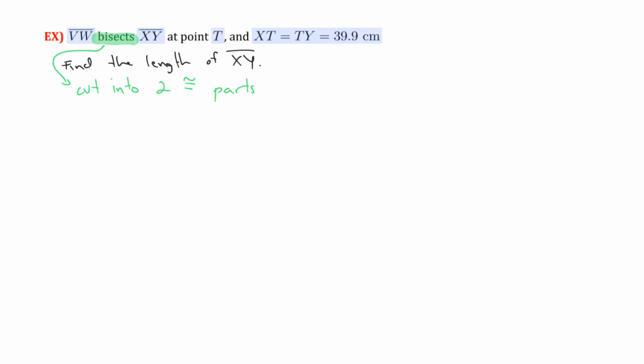Now, the segment that is doing the cutting, the segment that is bisecting the other, is VW. So let's actually draw segment XY, since this is the segment that will get cut. So there's segment XY. Let's see if we can eyeball our midpoint right there, because the segment VW needs to go through that midpoint in order for it to bisect.